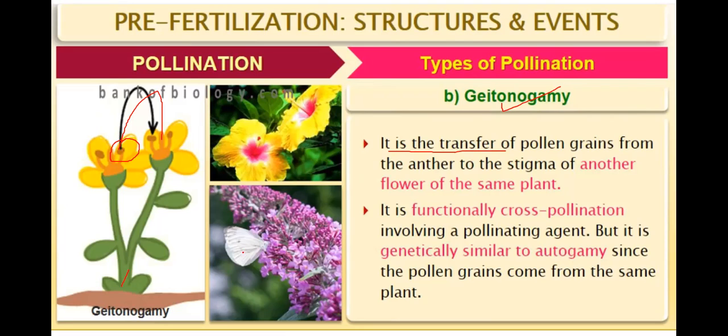There is an involvement of pollinators. But it is genetically similar to autogamy since the pollen grains are from the same plant. So though it is functionally cross-pollination, because the plant is the same, the genes of both are the same. So they are similar to autogamy. So geitonogamy is nothing but autogamy genetically.